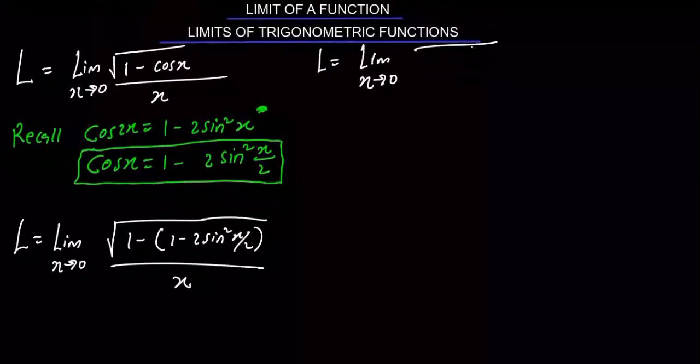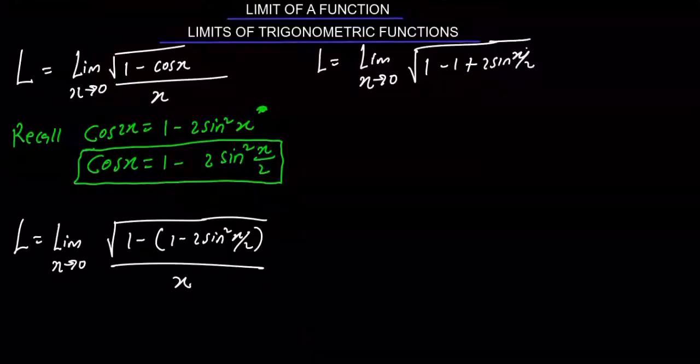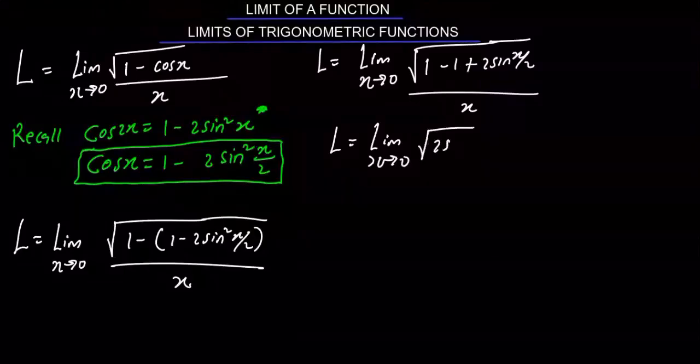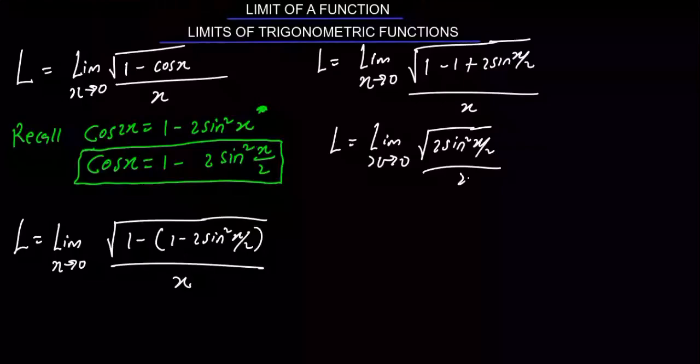This will give me what? Square root of, observe, 1 minus 1 plus 2 sine squared x over 2 all over x. So this will give me the limit as x tends to 0. 1 minus 1, that will be gone. So I have square root of 2 sine squared x over 2, then all over x.